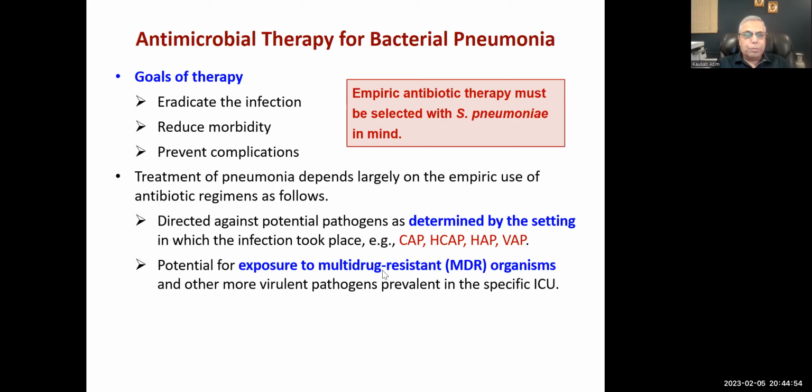Potential for exposure to multi-drug resistant organisms. This is something serious, and other more virulent pathogens prevalent in specific intensive care units. How do you know that? You know that from the antibiogram that every hospital has, or at least the good hospitals have that antibiogram. Use antibiotics based on lab data as well as clinical response.